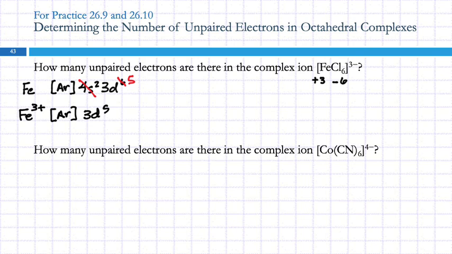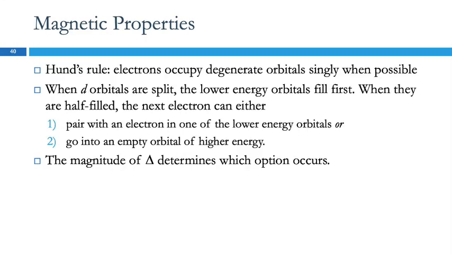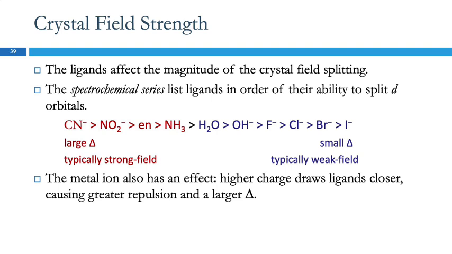So next we're going to look at the split d orbitals, and we're going to look at the ligand and identify, is this a weak field or strong field ligand? We're just going to go back and look at the series, because I don't remember those either. So this is on the weak field end. That means a small difference in energy.